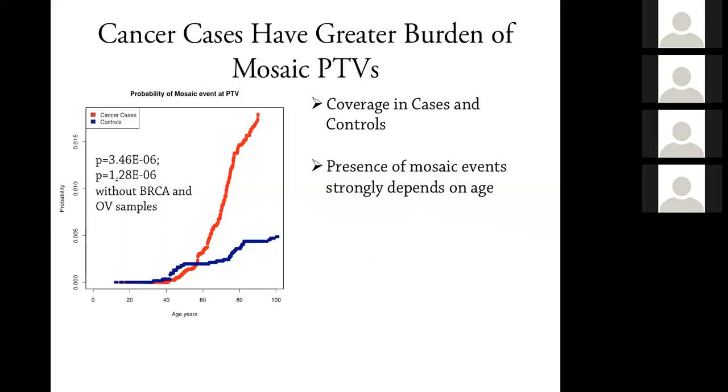The reason is, as I showed you earlier, in the RARC paper they already showed the signal of association of breast cancer and ovarian samples to the mosaic mutations in PPM1D. So we wanted to test whether that is the reason for this association, or there is something additional to that. And clearly, you can state that there is an additional signal to the PPM1D mutations.